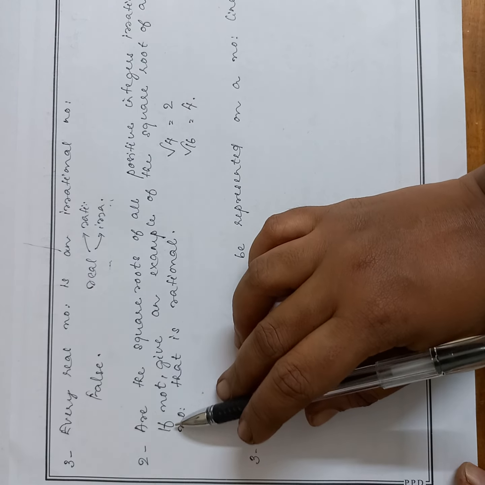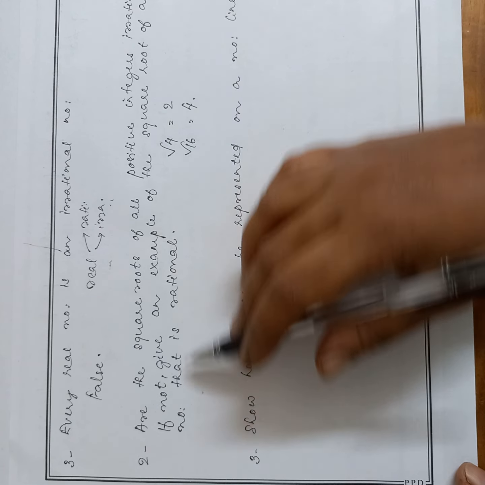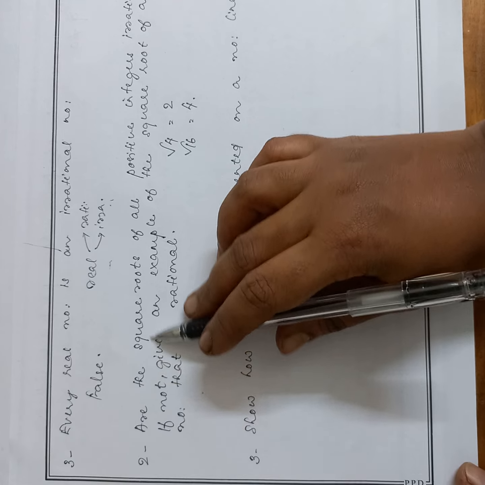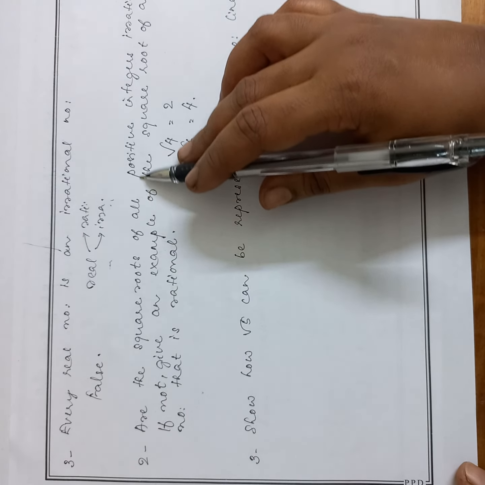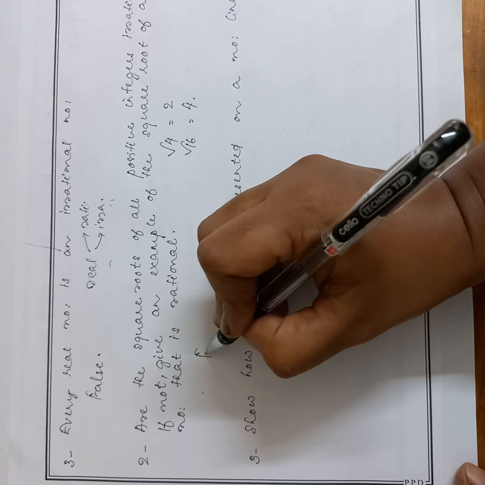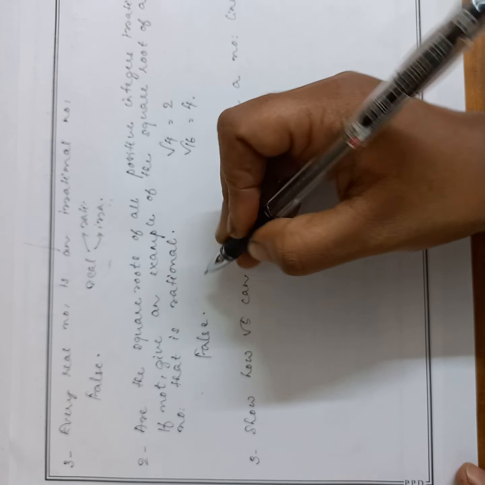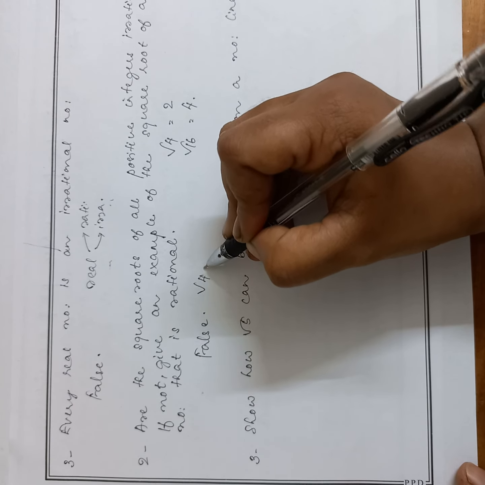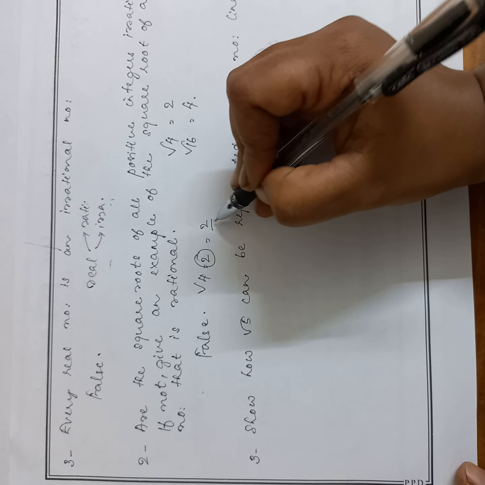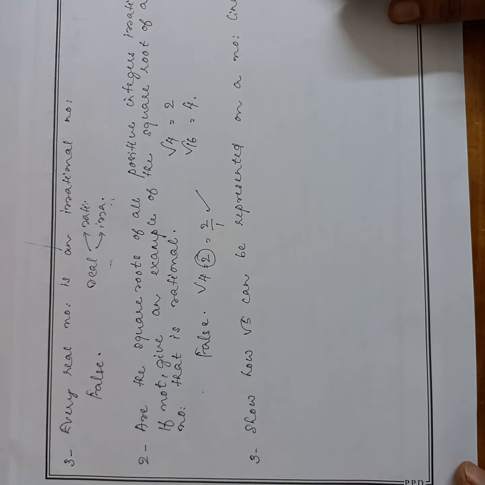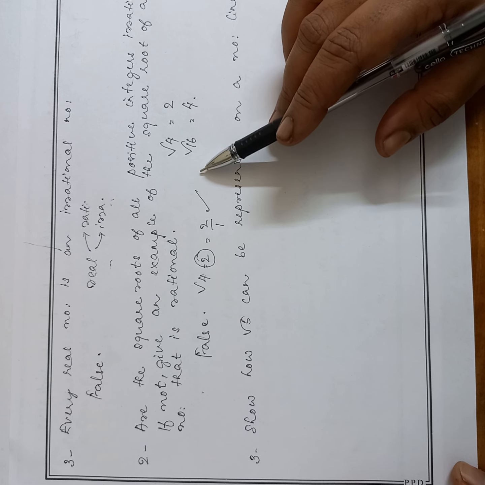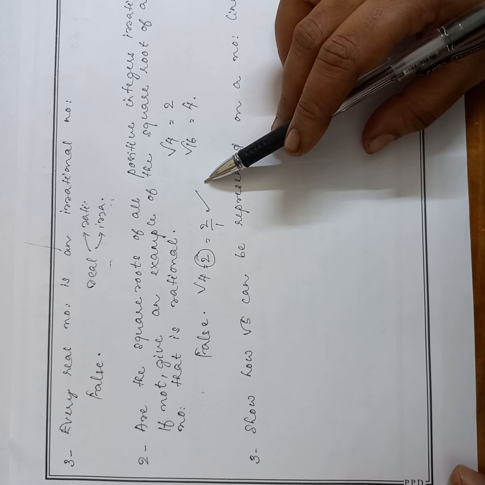So the answer is false, because for example root 4 is equal to 2, which is a rational number. 2 can be written as 2 by 1. So this is a rational number. So we can say that the square root of all positive integers is not irrational.